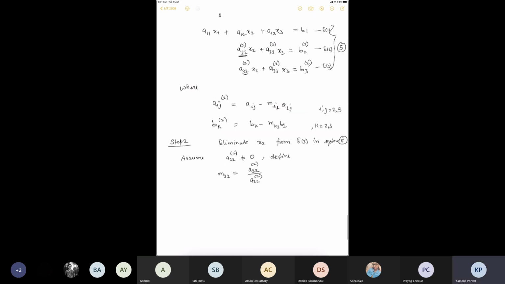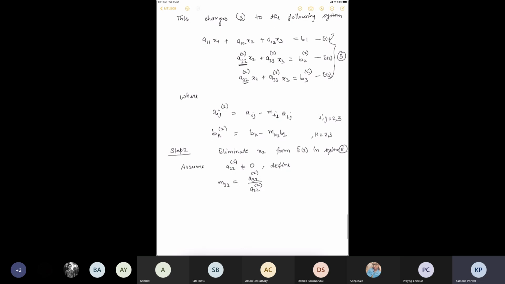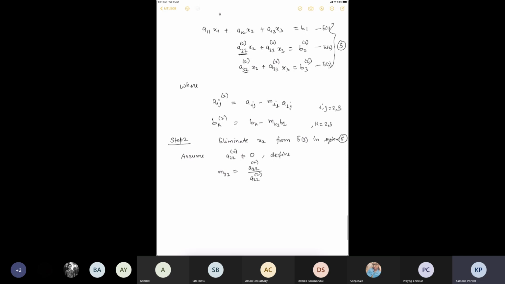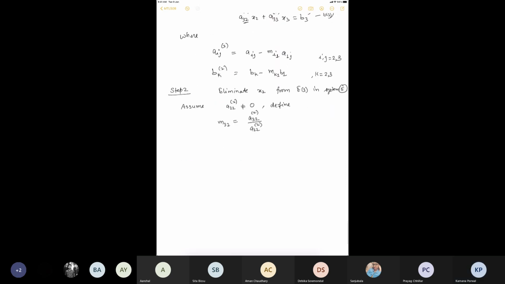Okay, then how will I eliminate this x2 from the third equation? I'll multiply E2 by M32 and then subtract from the E3. Subtract M32 times E2 from E3.